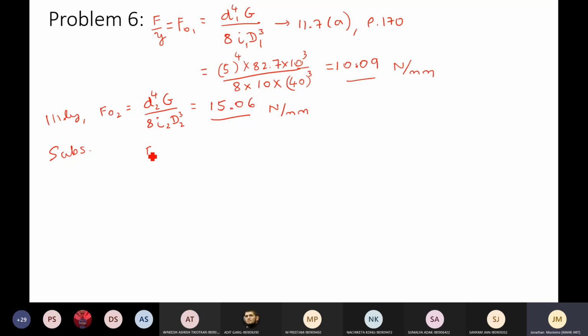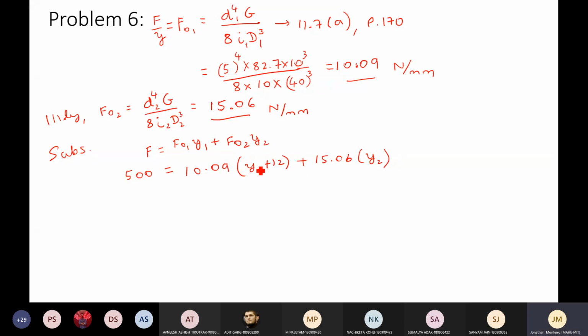We know that F is equal to the total load, which is F naught 1 Y1 plus F naught 2 Y2. Now what are the things we know? Total load is 500 newtons as described in the problem. F naught 1 is 10.09, and this Y1 I can write as Y2 plus 12 as derived earlier, plus 15.06 into Y2.